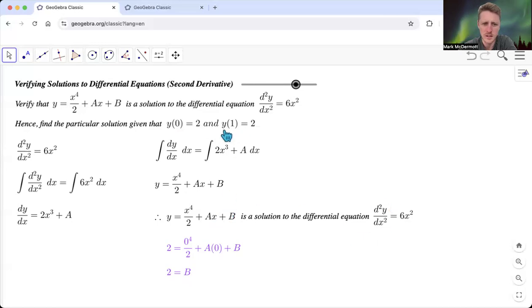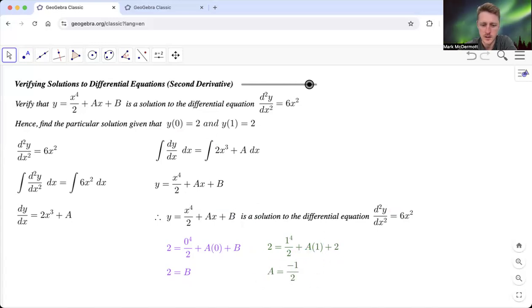Similarly, for this other initial condition, we call them initial conditions, we're going to sub in when y is 2, x is 1. So we sub in a 1 here. Subtract 2 from both sides. Subtract 1/2 from both sides.